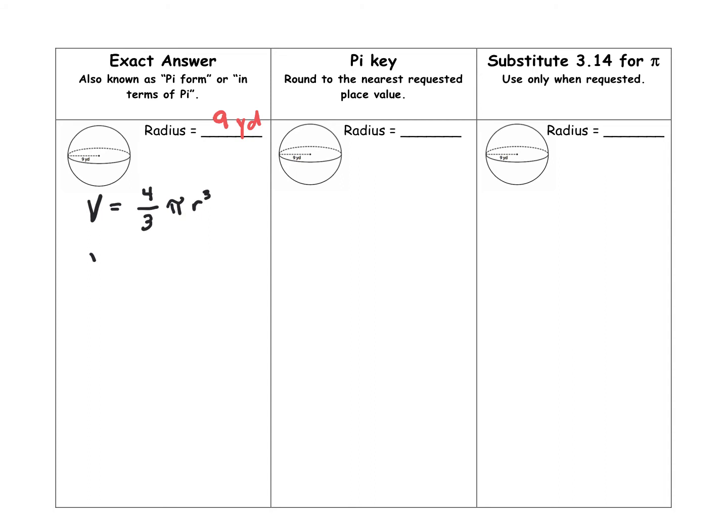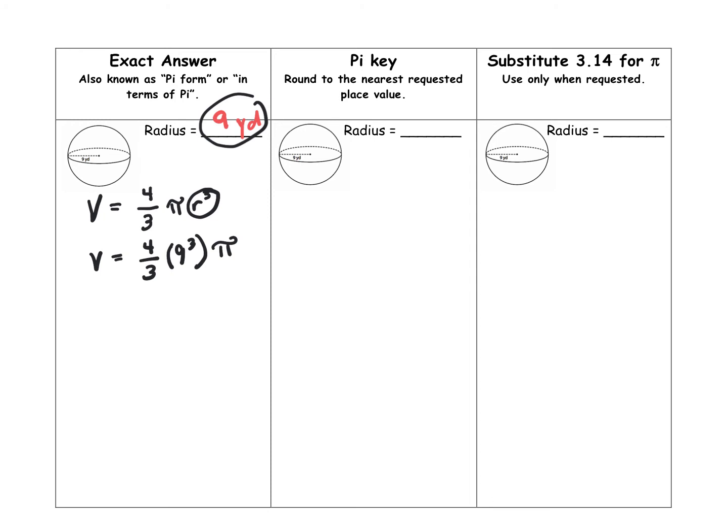And again, I'm going to encourage you to go ahead and move 4/3 and the radius, whatever we substitute for the radius, next to each other. Because everything's being multiplied, we're allowed to move our factors wherever we want. So I'm going to now substitute 9, raise it to the 3rd power, and put the pi symbol at the end.